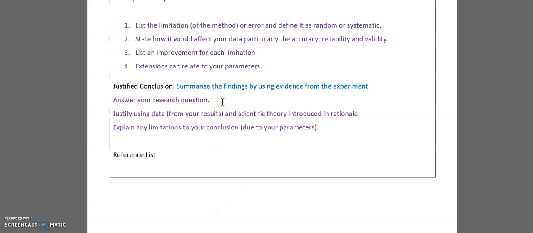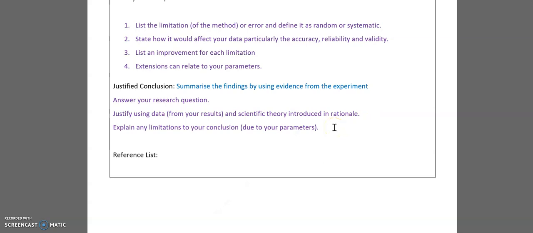So I want to say, as the concentration of hydrochloric acid increased, then, and say what happened. I'm going to justify using data from my results. I'm going to give a couple of examples, and then I'm going to back that up with the scientific theory that I introduced in my rationale. And I'm going to explain why changing the concentration did change the rate of reaction, just briefly.